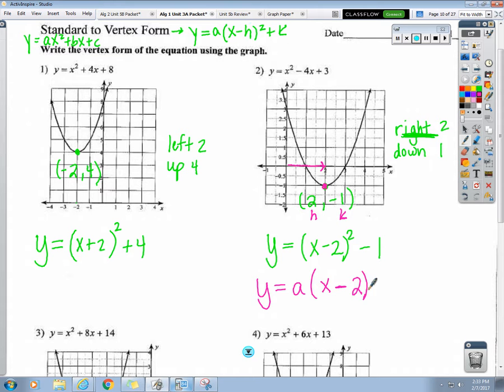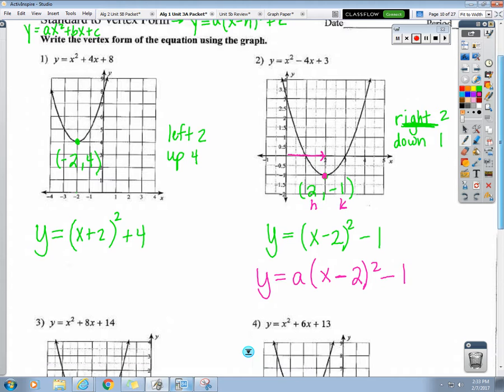And then plus k is just plus negative 1, and a plus and negative 1 is minus 1. But to me, instead of teaching you like that, it's almost easier just to teach you the horizontal shifts go inside the parentheses, and you do the opposite of what it looks like, and vertical shifts go outside, and you do what it looks like. Minus 1 is down 1.